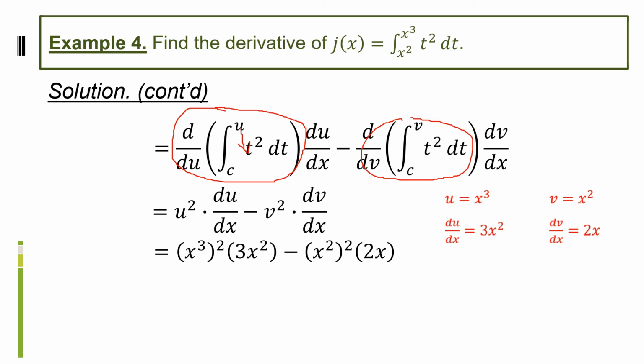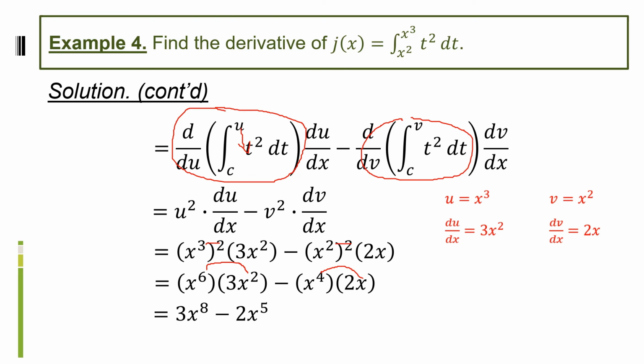So kung ipapasok na natin yung 2, so imumultiply natin yan, ganoon din yung 2, imumultiply yan. So we have x raised to 6 times 3x squared minus x raised to 4 times 2x squared. Then since multiplication ito, we add 6 and 2, 4 and 1. So we have 3 times x raised to 8 minus 2 times x raised to 5.